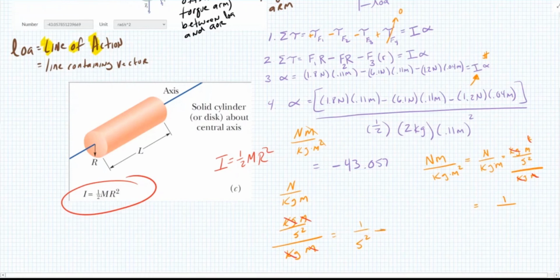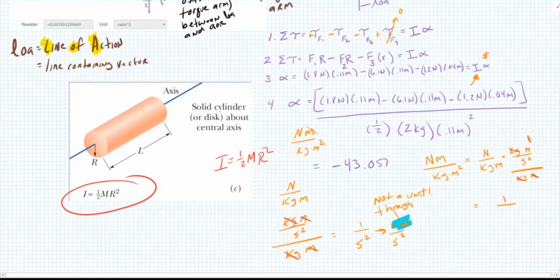And that's the same as a radian. 1 over second squared could be written as radian per second squared, because, for I think the 4th time, a radian is not a unit. So you can technically throw it in anywhere. Why do I decide to throw it in here?